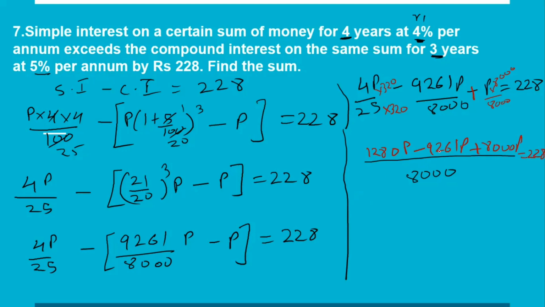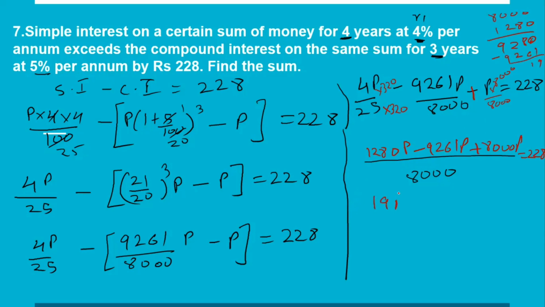So 8,000 plus 1,280, when you add, you get 9280. 9280 minus 9,261, when you subtract, you get 19.